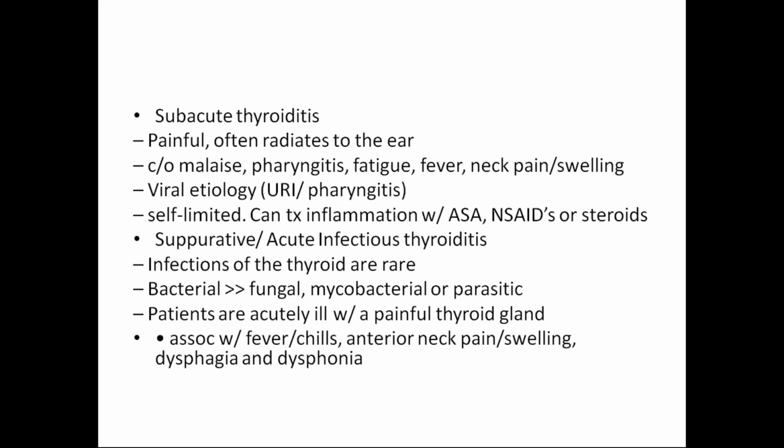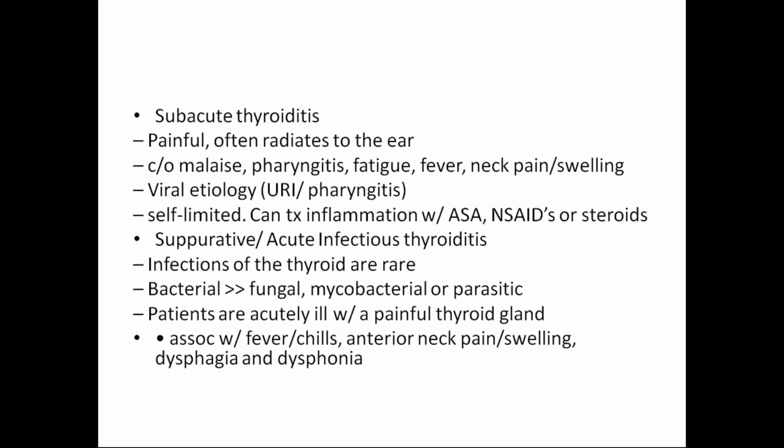Another cause is suppurative or acute infectious thyroiditis. There is infection of the thyroid gland like any other gland. If the thyroid gets infected, which is usually rare, bacteria are more common than fungus, and mycobacteria or parasitic infiltrations can also occur. Patients are acutely ill with a painful thyroid gland, just like an abscess sitting in your thyroid.